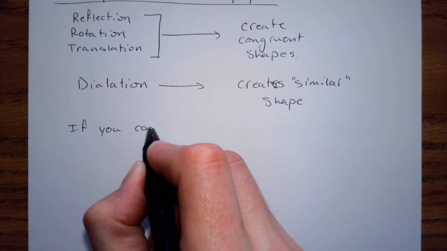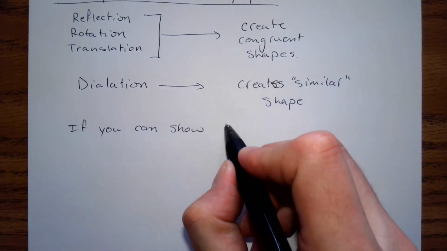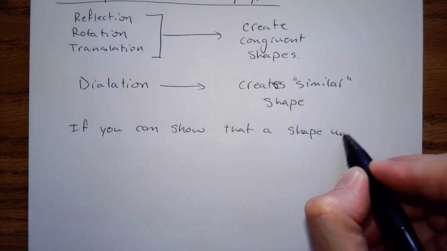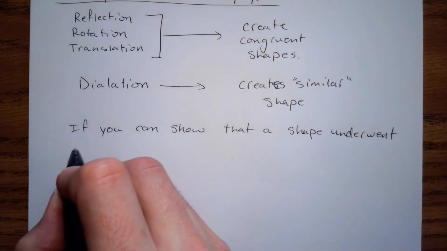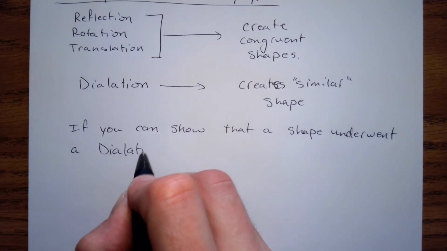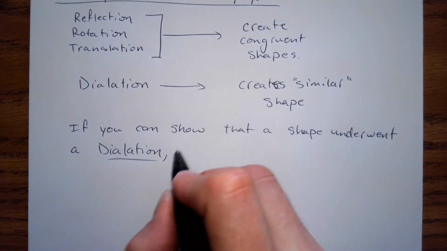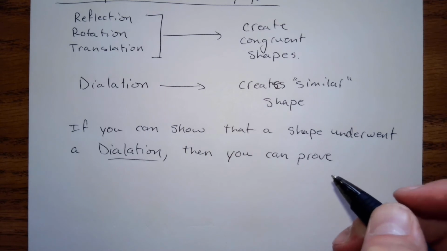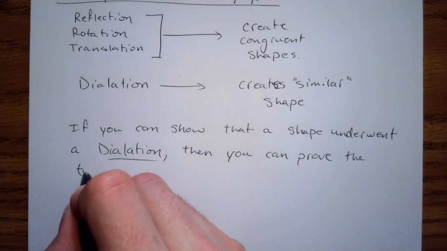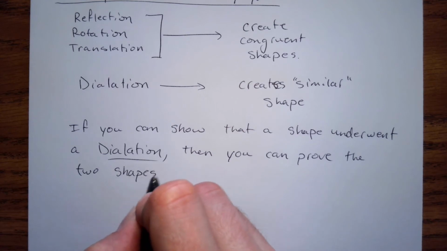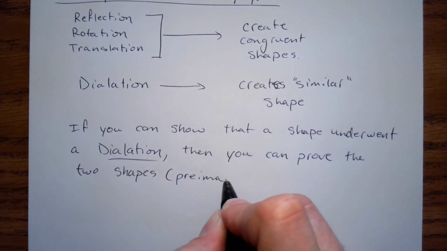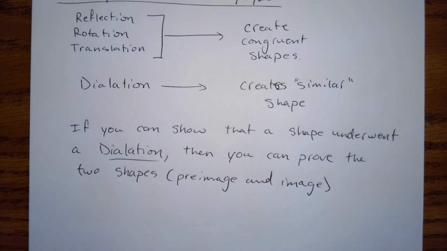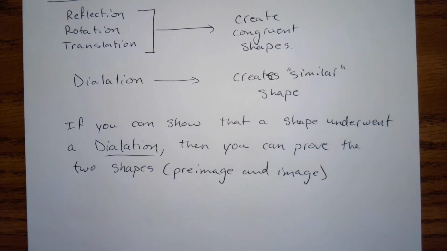If you can show that a shape underwent a dilation, then you can prove the two shapes, so pre-image, which is the beginning, and image, which is the end, those are the two shapes, pre-image and image are similar.